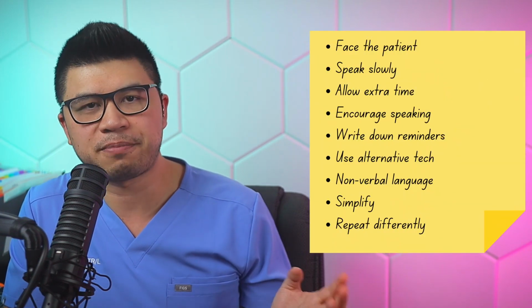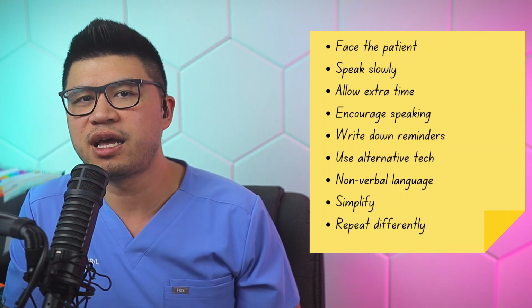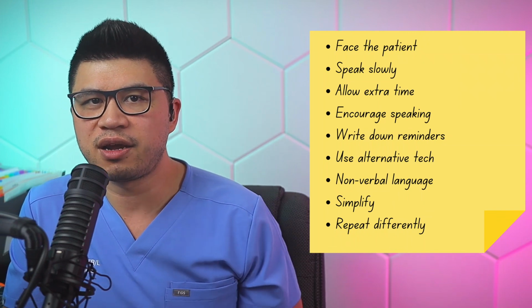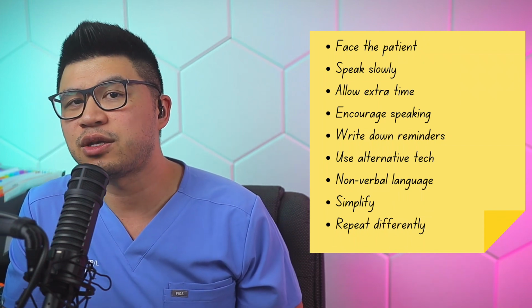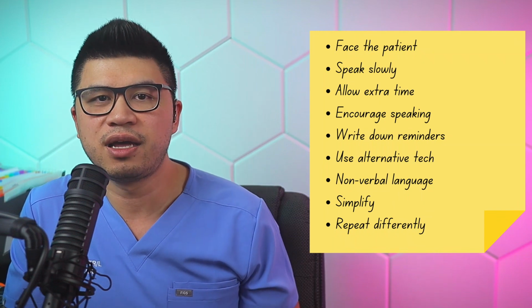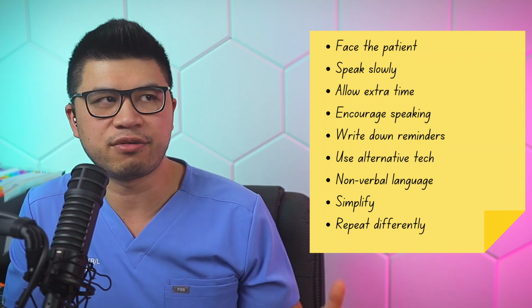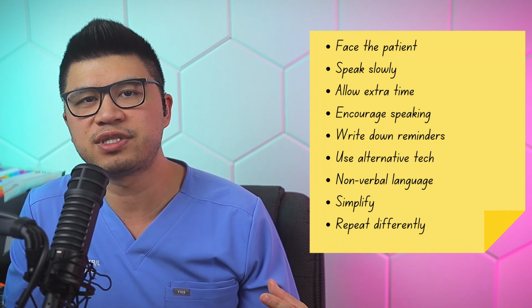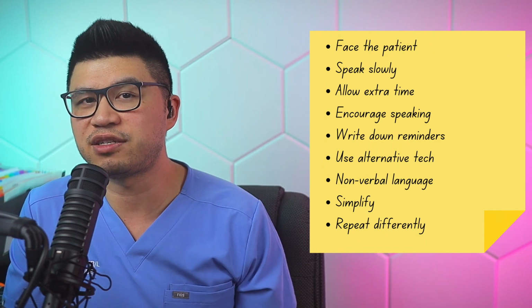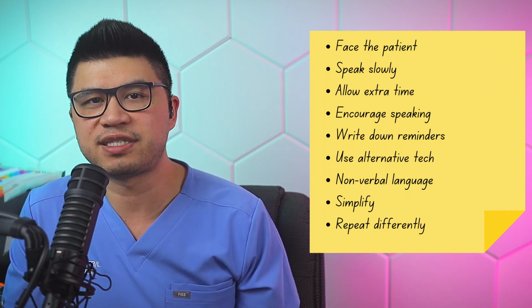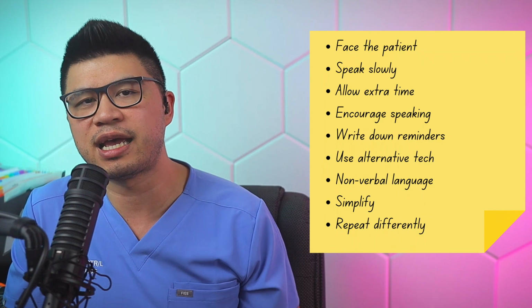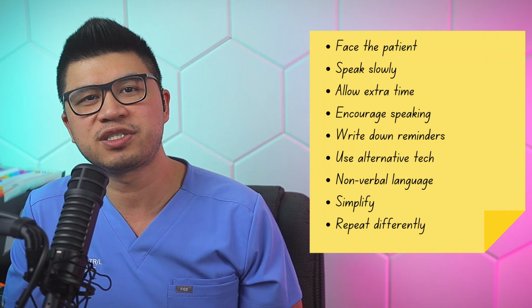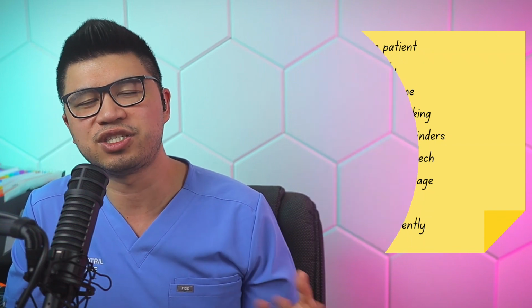You should face the patient, speak slowly, allow the patient time, encourage more participation like with talking, write down important things, use alternative means of communication, pay attention to nonverbal language, simplify language and the phrases you use to more common words, say the same thing differently if you need to repeat yourself, use augmentative systems such as written, and try to anticipate the patient's needs before they need to ask. And of course, collaborate with speech-language pathology.